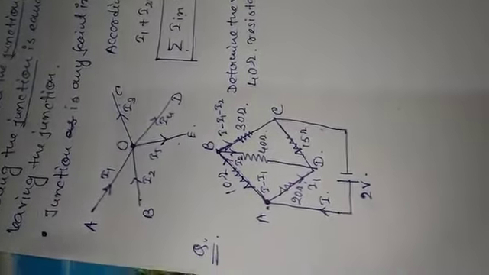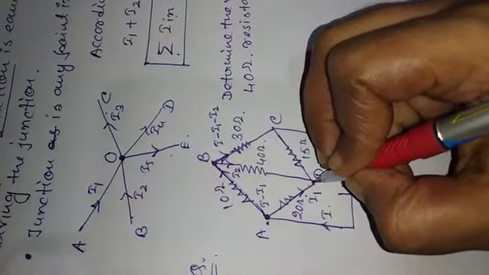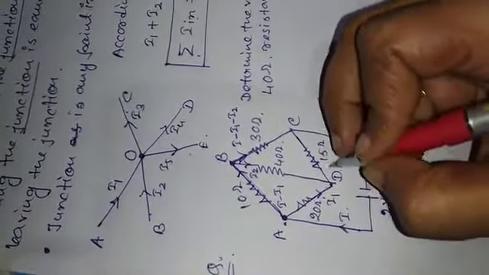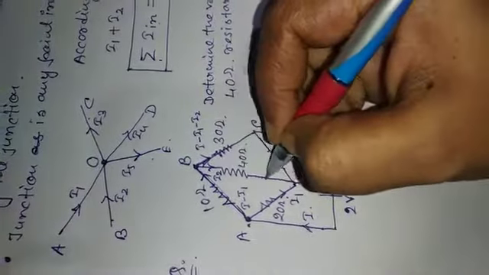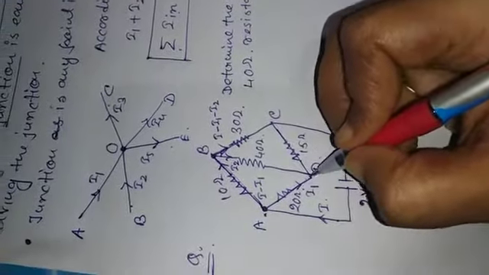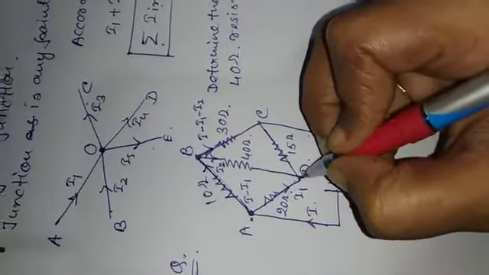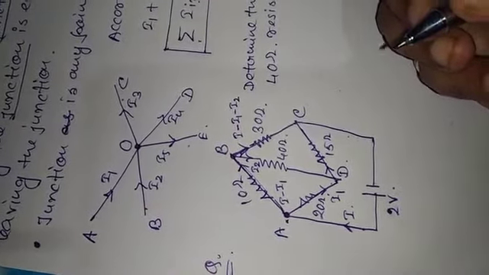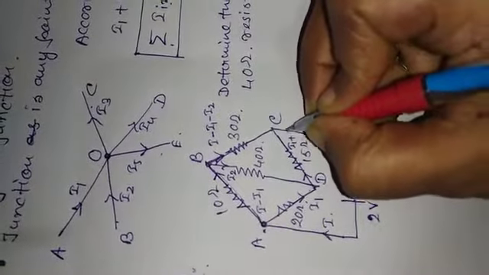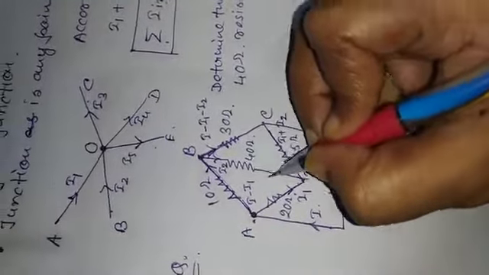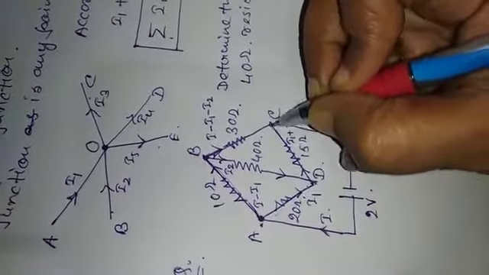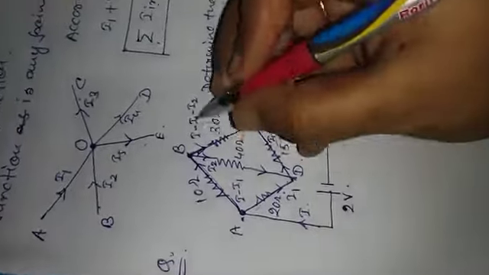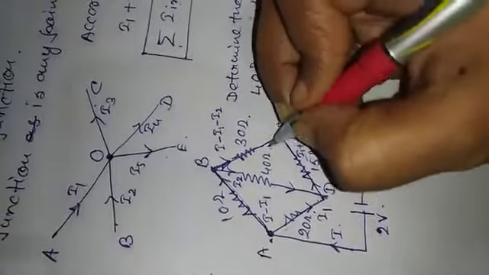And whatever current is passing through this: from here I2 is coming, here I1 is coming, so through this I1 plus I2 will come. In general, if I add this, whatever the current will be here, it will again be I.